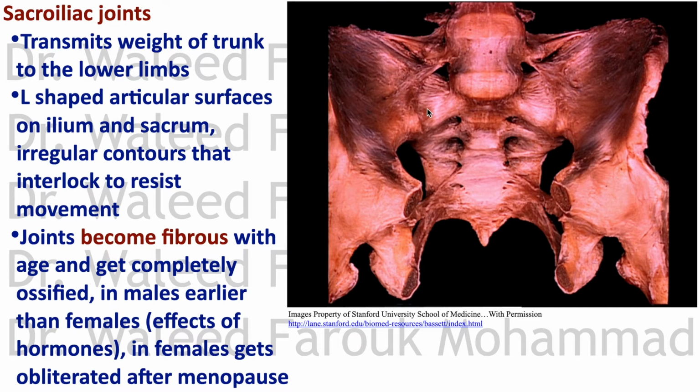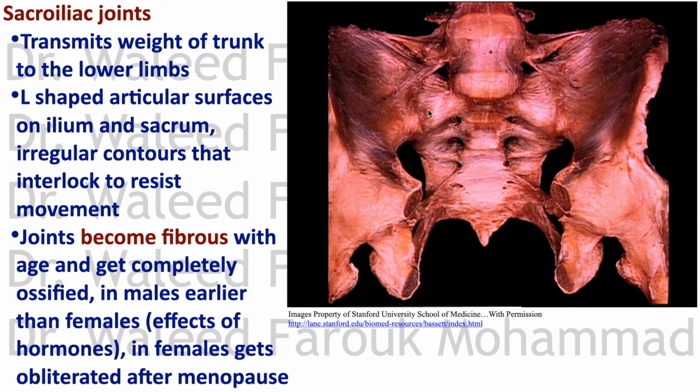resist movement between the two bones, and it allows only for small gliding movement, and this occurs only in labor in women. That's why the ligaments controlling or fixing this joint are under hormonal control.